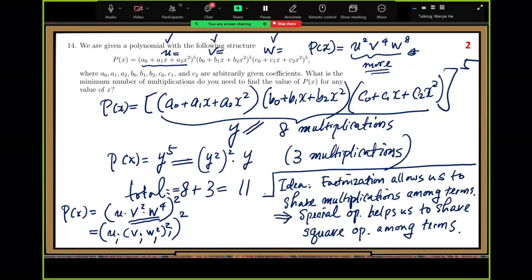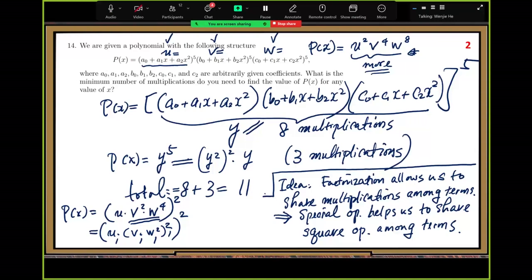Anyway, here I give you the idea. I will double check if this is too many. So you just get the idea: if we can share some common operation, then we can reduce the number of total operations.